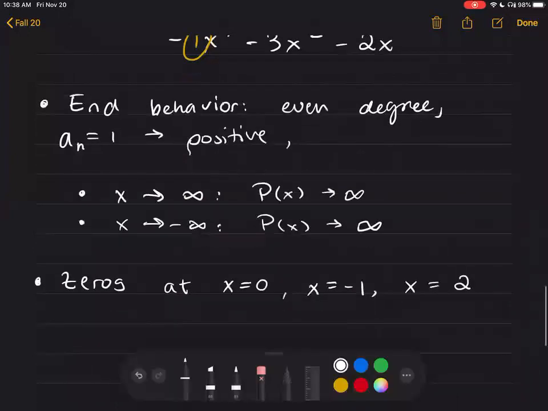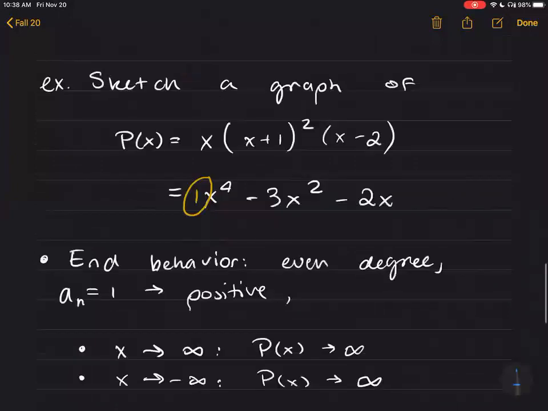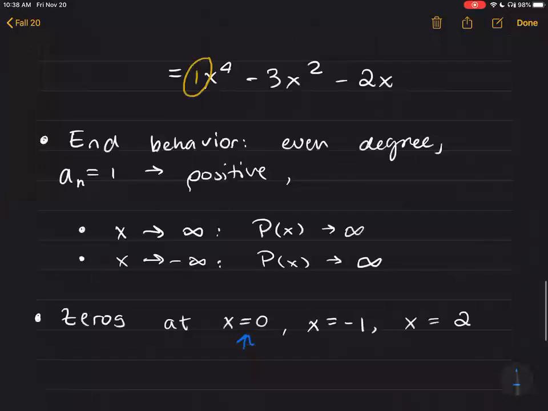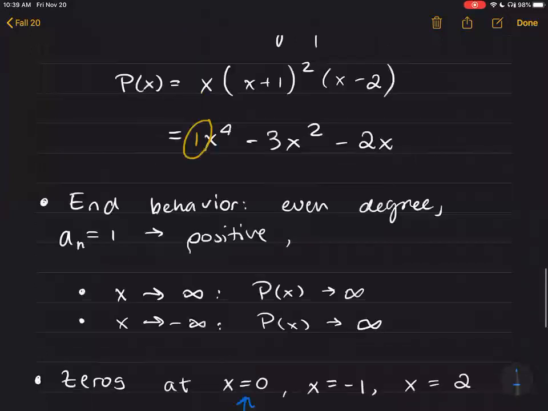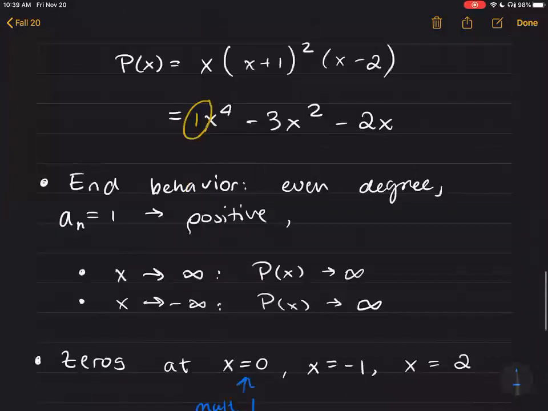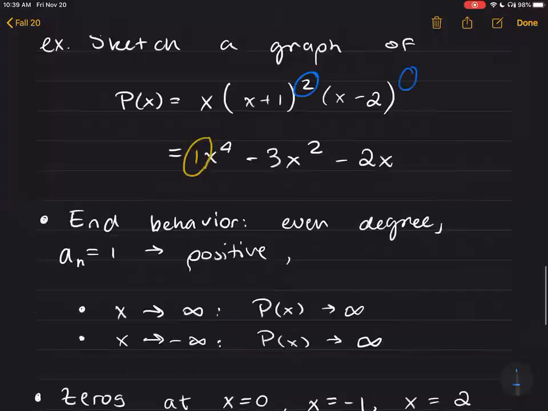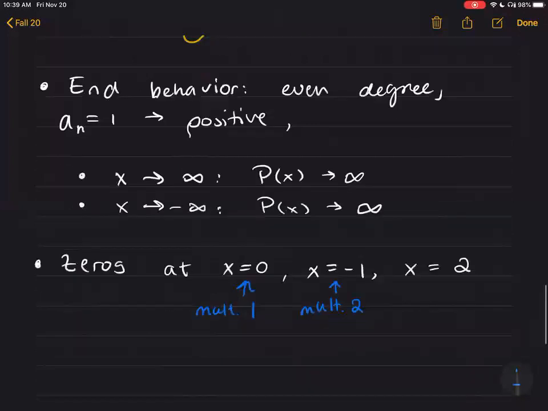And if you look at the powers up there, the x is all just by itself. It has multiplicity 1. The x plus 1 is a squared power here, so it's going to get multiplicity 2. And lastly, this one has a secretly 1 hiding there, so it's going to be multiplicity 1 again.